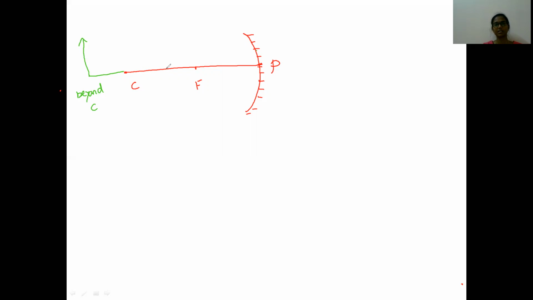Because of the larger distance, the image will be formed smaller than the object height. The image height is reduced, so a diminished image will form. Where will it form? The image will be formed between C and F. I'll take another color for the image.